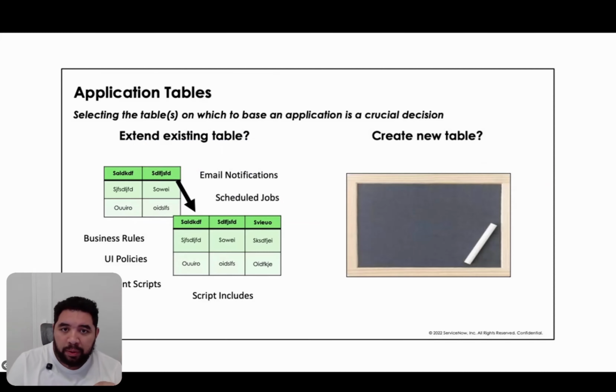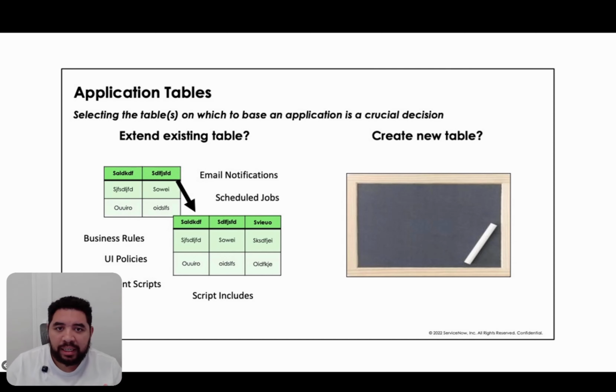So, when building an application, one of the most important decisions is choosing the right table strategy. In ServiceNow, you usually have two options: extend an existing table or create a new one, right? Extending a table means inheriting an existing table's structure and behavior.